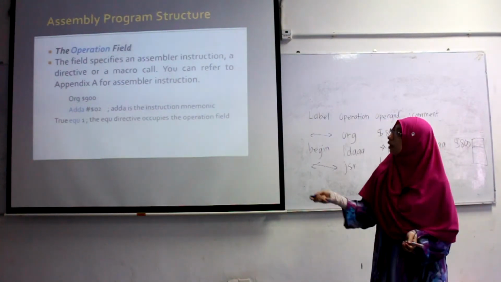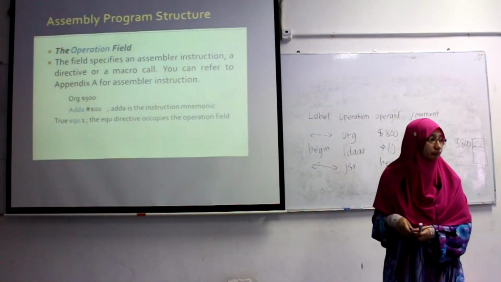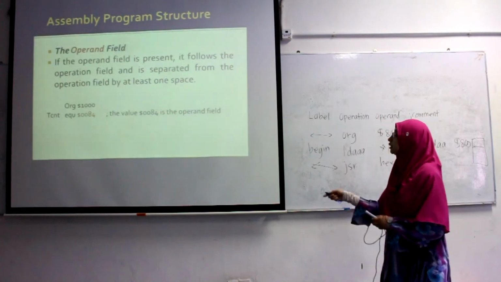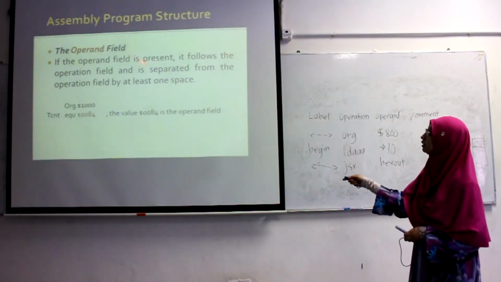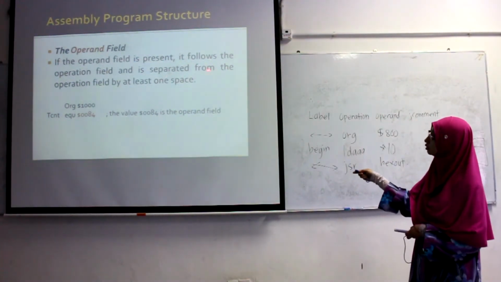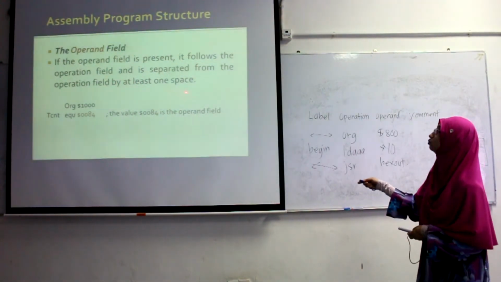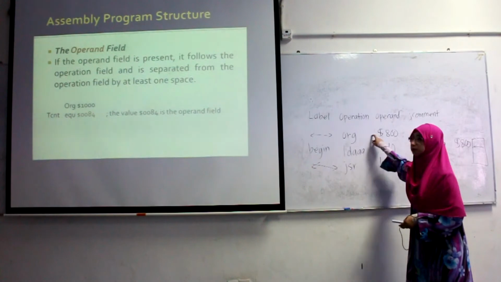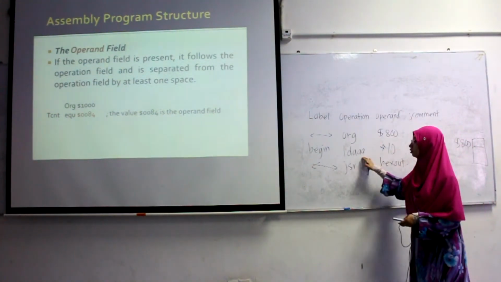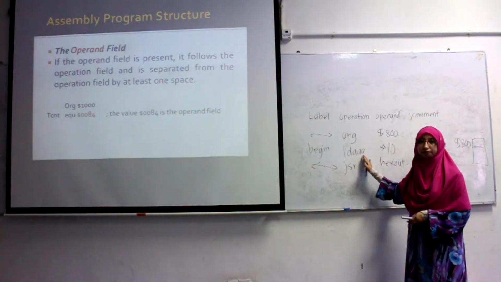The next field is the operand field. If the operand field is present, it follows the operation field and is separated from it by at least one space. It completes the operation field.